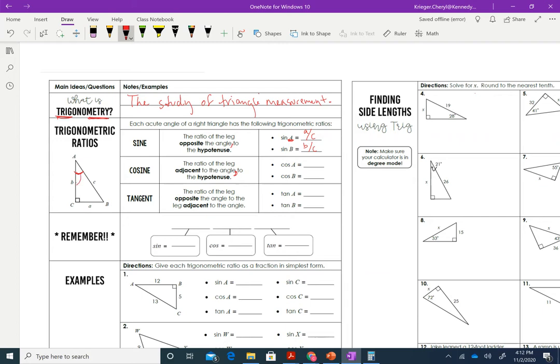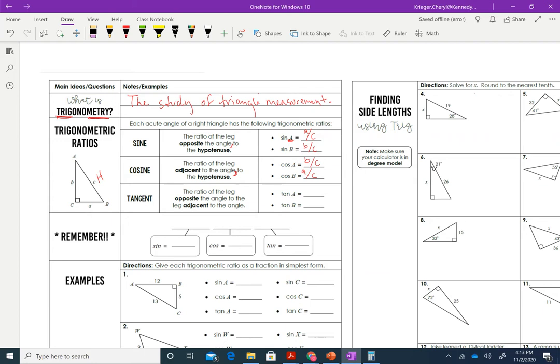So next to A over the hypotenuse, cosine of A is B over C. Now from angle B, our adjacent side would be side A. So that's A over C.